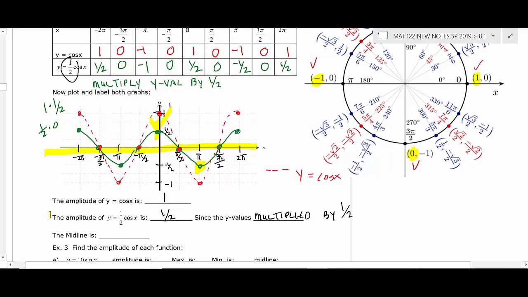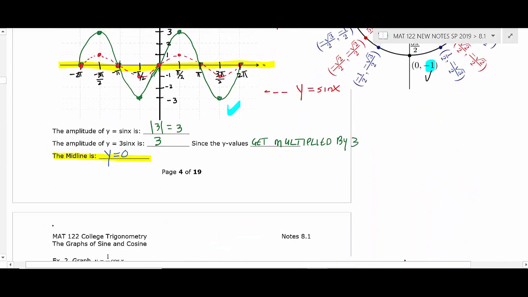The equation of the x-axis is y equals 0. Okay, back on the previous page real quick, when I was filling out these problems, I may have been a little bit confused there. It's not a big deal, but the amplitude of sine x is 1. The amplitude of 3 sine x is 3, because the y values get multiplied by 3. I just realized that I didn't do that correctly.